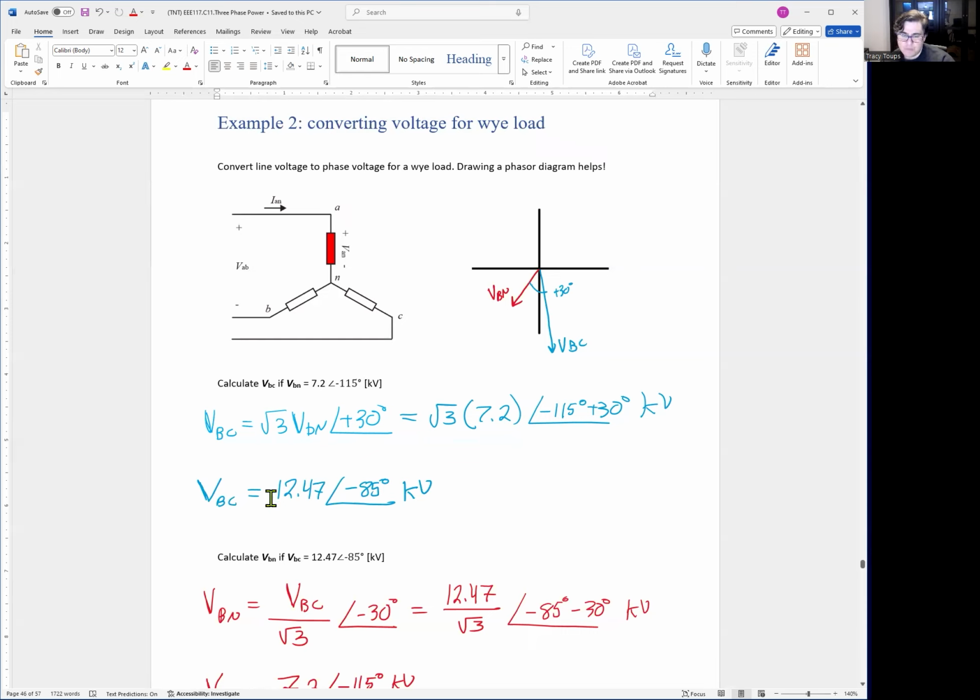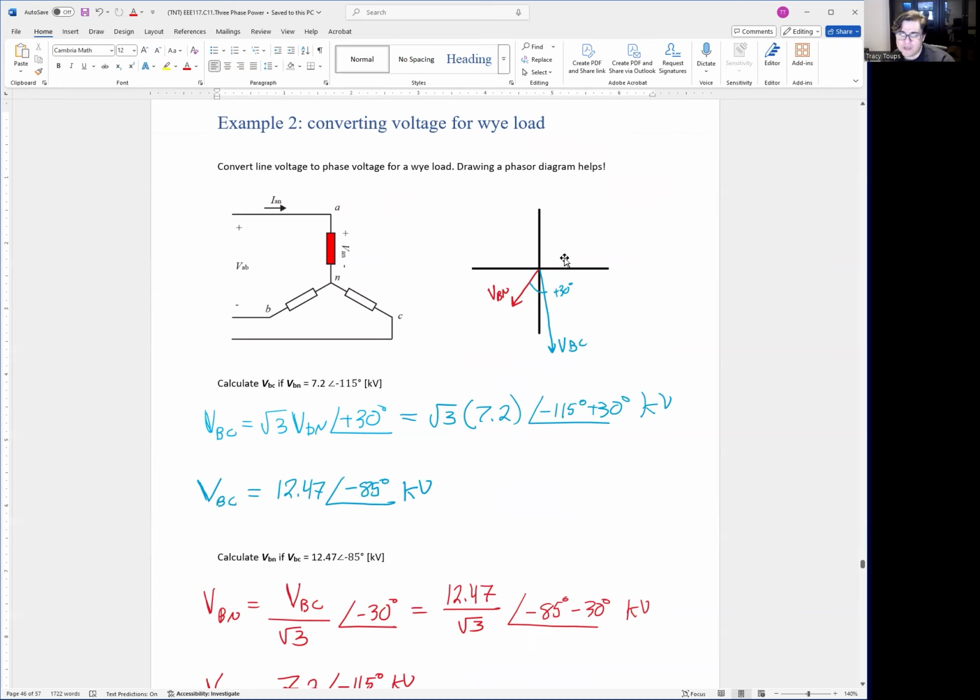That calculation is 12.47 kV, angle negative 85 degrees. Okay, so that's our BC phase. Normally, if everything was perfect, this should be negative 90 degrees, but we're 5 degrees off, which is exactly where we were on our line-to-neutral, right? It should be 120, but it's 115. So this should have been 90, but it's 85. And that's perfectly fine.